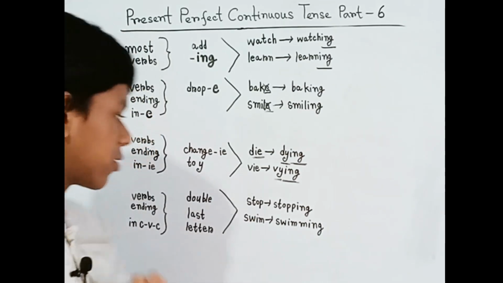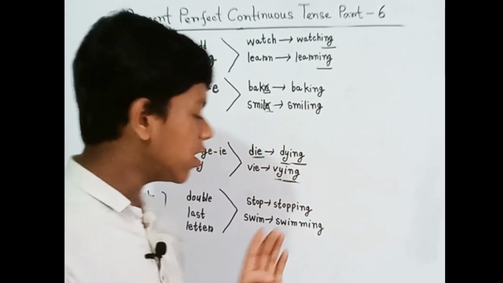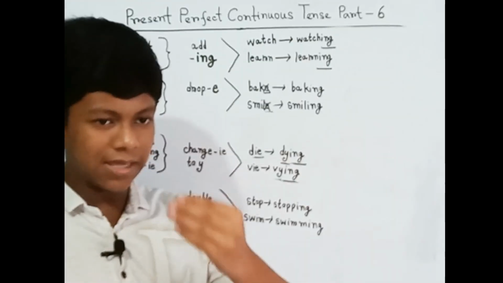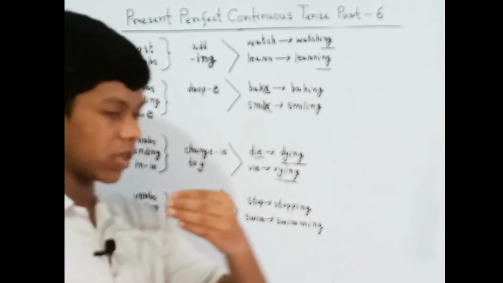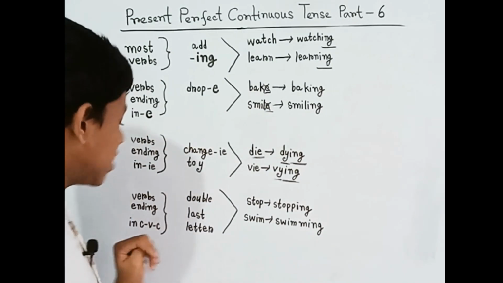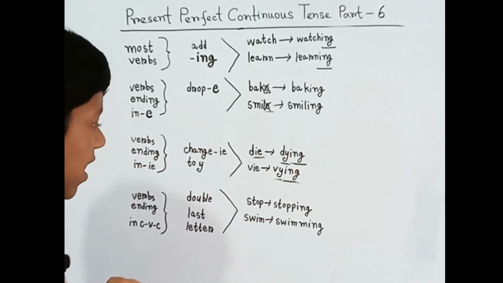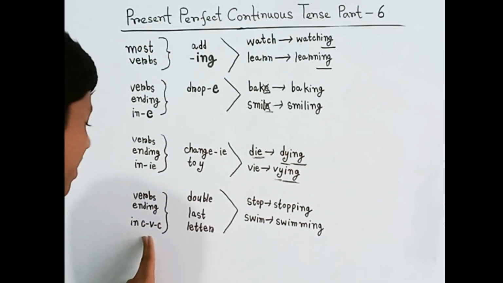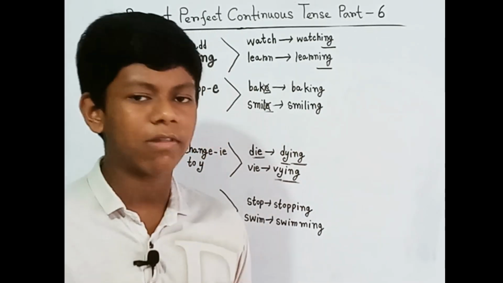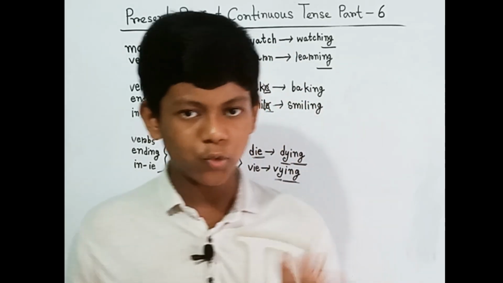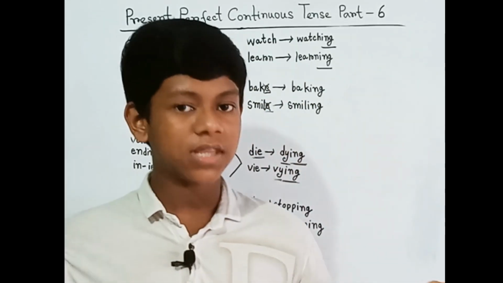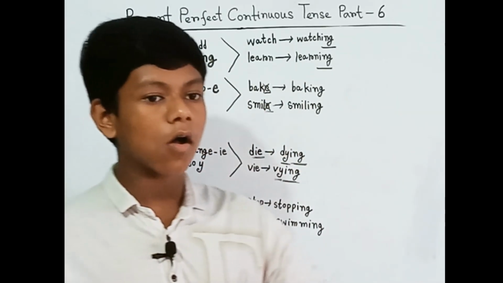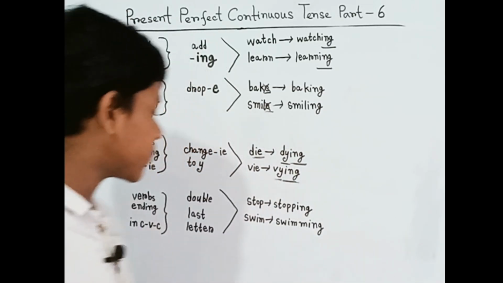Here, this verb is following this CVC pattern. In the CVC pattern we need the vowel. What are the vowels? A, E, I, O, U. These are the vowels, and without these, all letters are consonants.